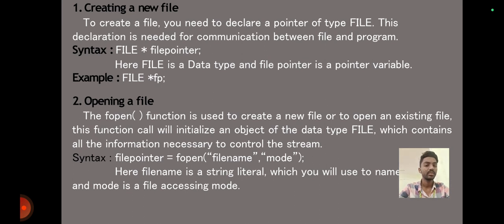Second one, opening a file. The fopen function is used to create a new file or to open an existing file. This function call initializes an object of the data type FILE, which contains all the information necessary to control the stream. Syntax: file_pointer = fopen(file_name, mode). Here file name is a string literal which you will use to name the file, and mode is a file accessing mode.